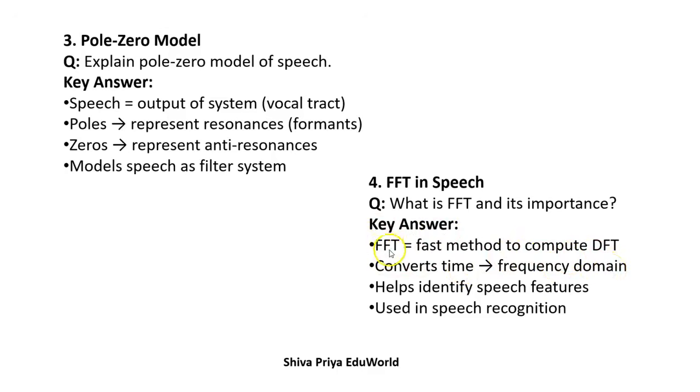This is about the FFT and it helps to identify the speech features as well. And it is used in speech recognition as well. That is why FFT is very important.